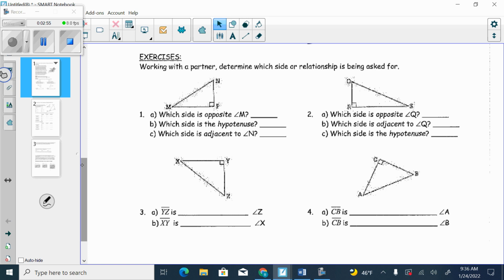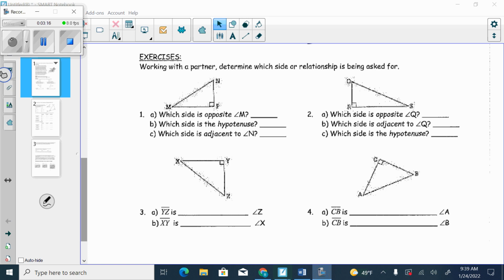In the other two figures, they're telling you the sides, and you tell me whether they are opposite or adjacent. Do that with the people in your row. If you're in a row by yourself, turn around either forward or backward and join the group behind or in front of you. I'll give you a couple minutes to do that.